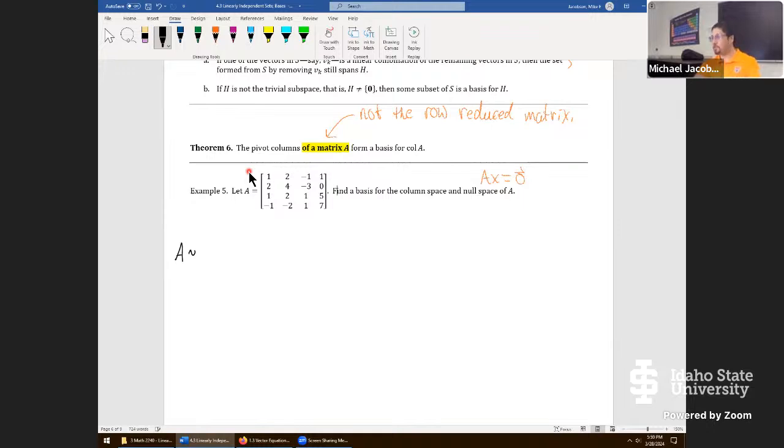Always seems to be some kind of row reduction in these chapters. So first, let's copy 1, 2, negative 1, 1. Let me know if my arithmetic here goes sideways. Really easy to do right before we begin. I'll multiply by negative 2, add to the row below to get 0, 0, negative 1, negative 2.